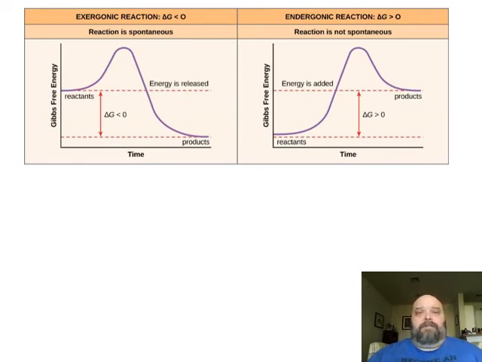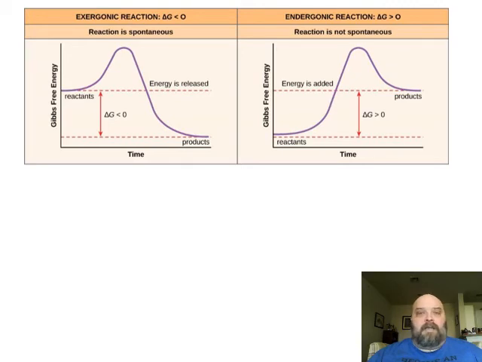Now, as I said, some reactions take energy to get them to happen. Some reactions will give off energy. If it gives off energy, energy is released. We refer to these as spontaneous. These are going to be, as you look to the far left, delta G less than 0. How do you calculate delta G?